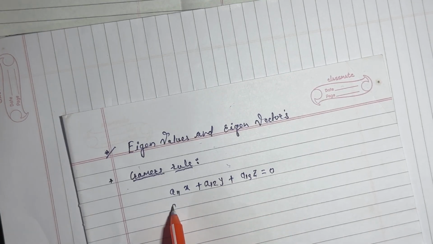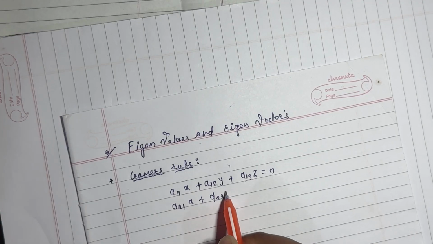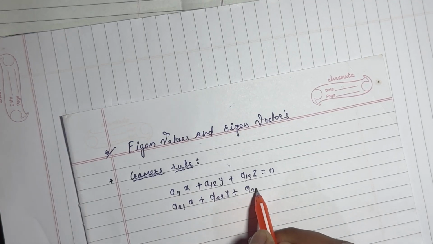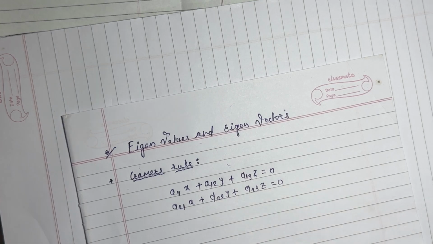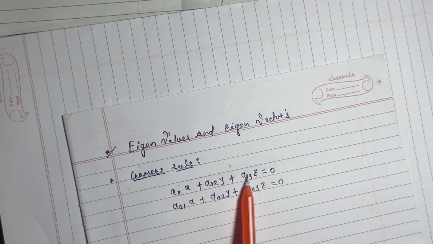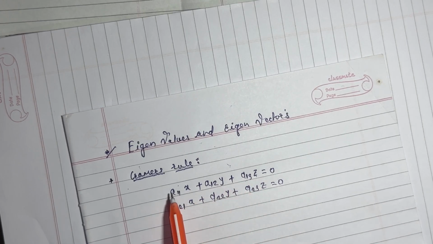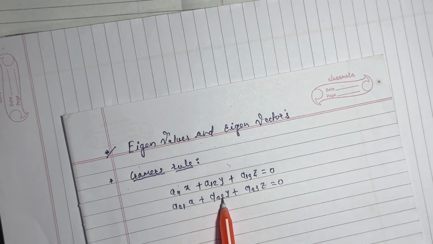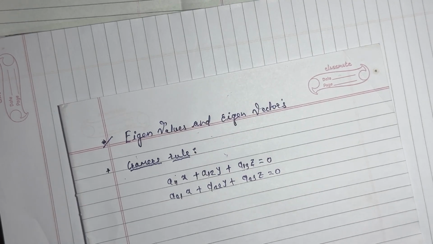Again, consider one more equation, a21x plus a22y plus a23z equal to 0. So I consider here equations in 3 variables, which are linear equations having constant coefficients a11, a12, a13, a21, a22, a23. In this case, how can we apply Cramer's rule for equations in 3 variables?